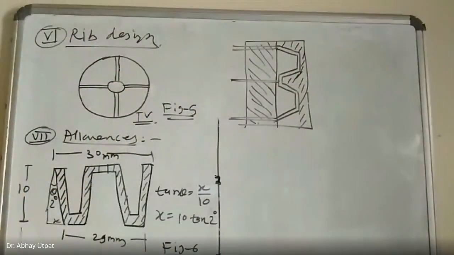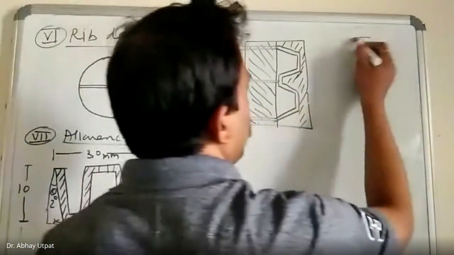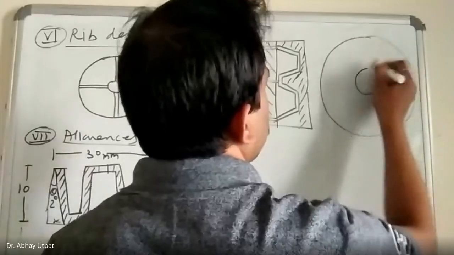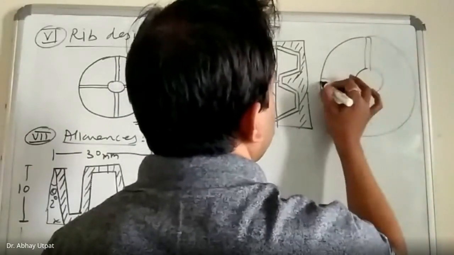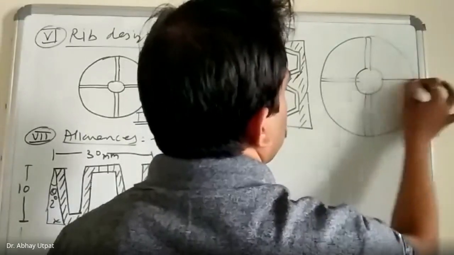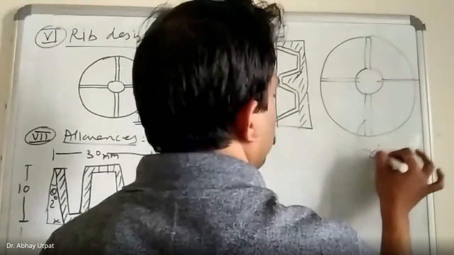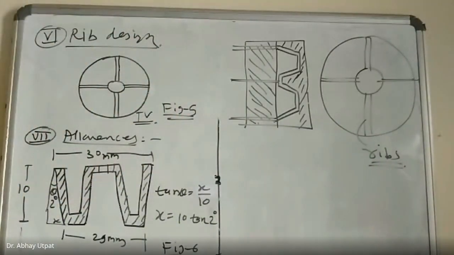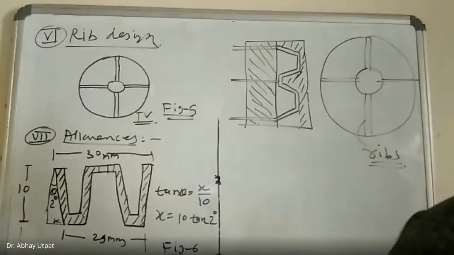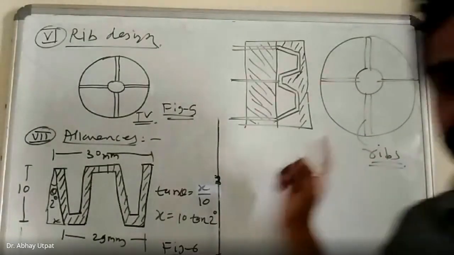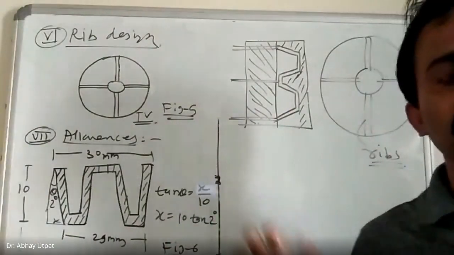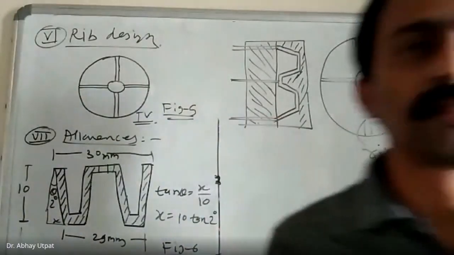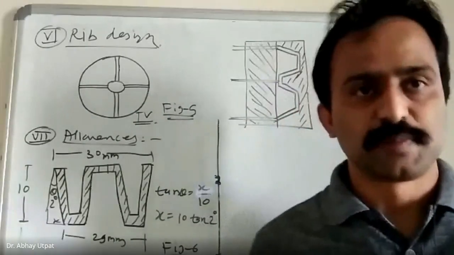And you can remove this in this way. This is the final bush which you are going to design and manufacture in 5,000, 10,000 quantities so that you can supply it to the customer.